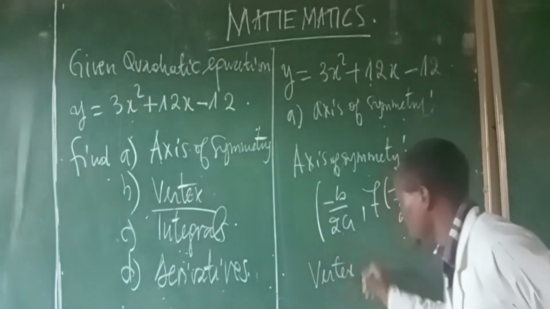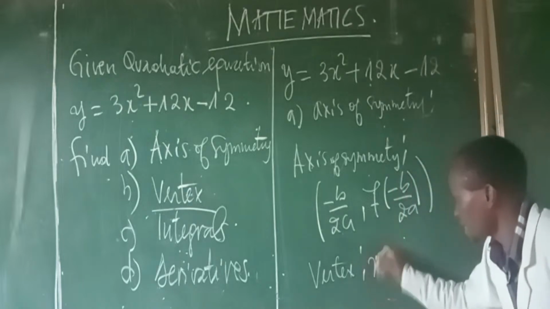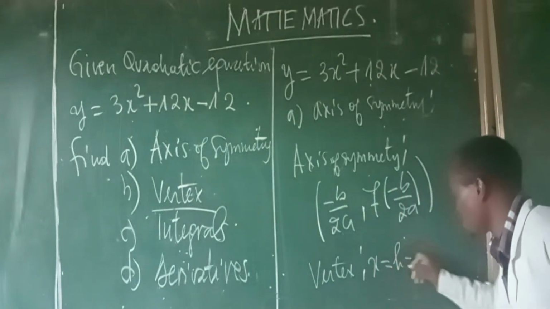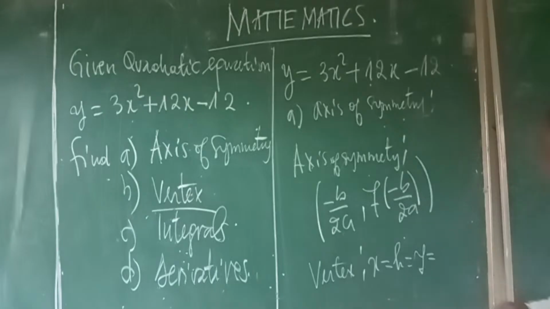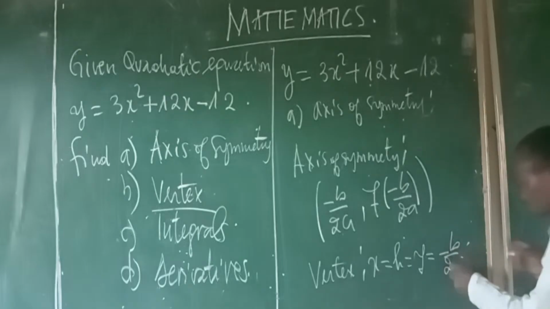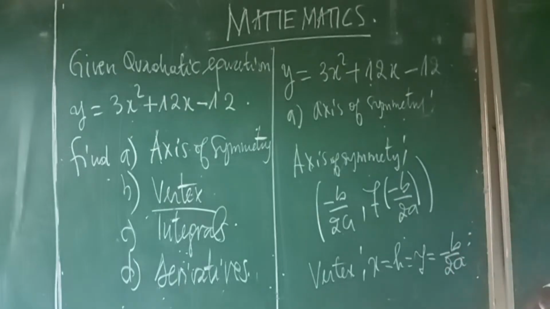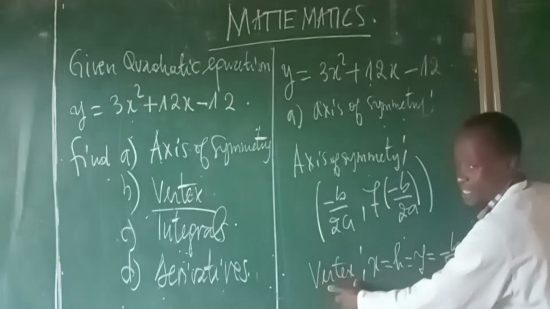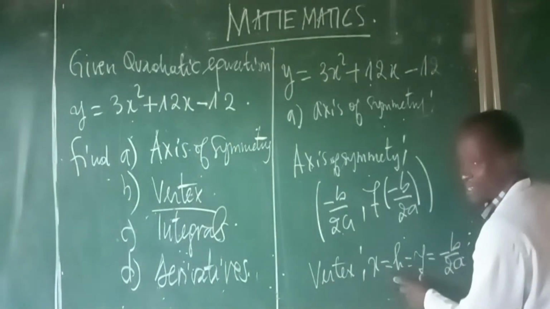Vertex, it is x, which is equal to h, or x equal to minus b over 2a. So this is what we call a vertex. Are we together here? Yes?